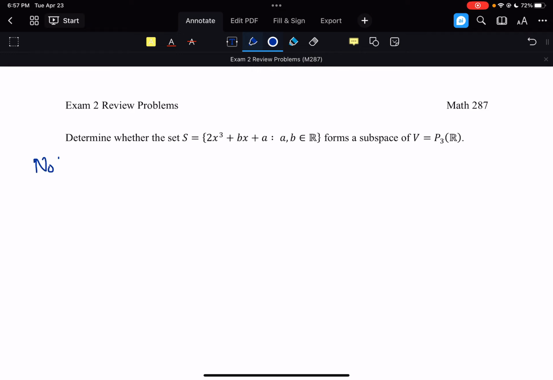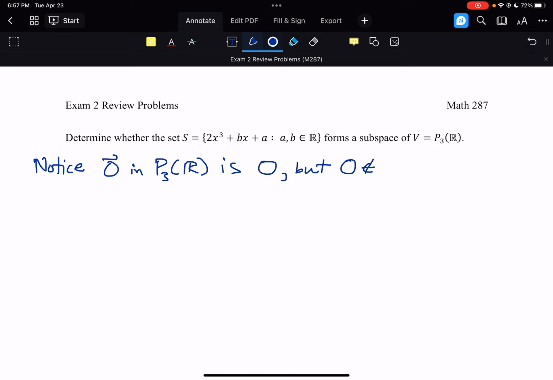So notice the zero vector in P3 of R is 0. It's just like the number 0. But for this form of the polynomial, we can let a be 0 and b be 0, but that 2 will always stay a 2.